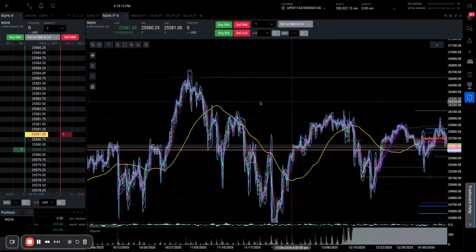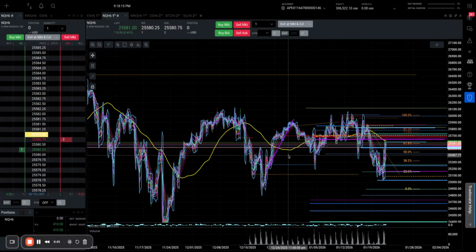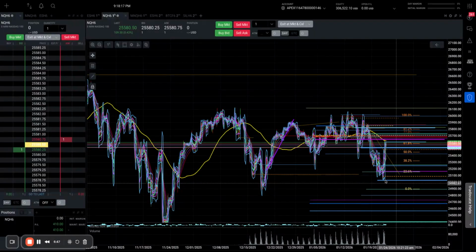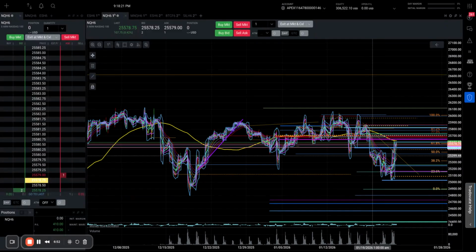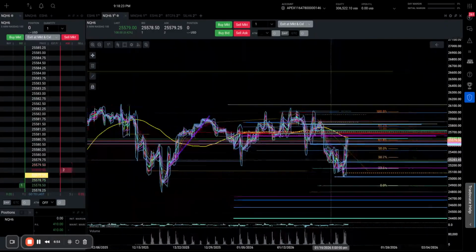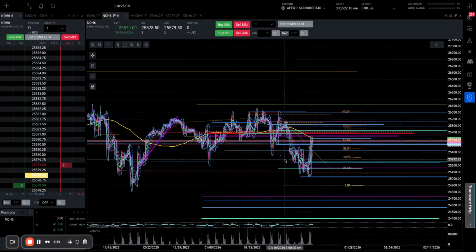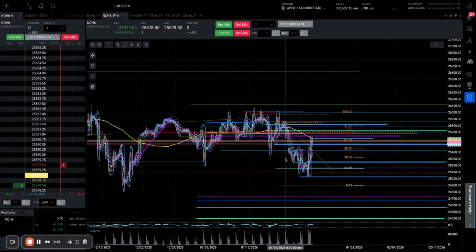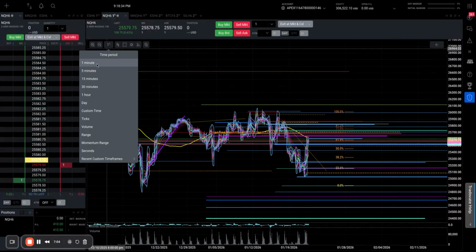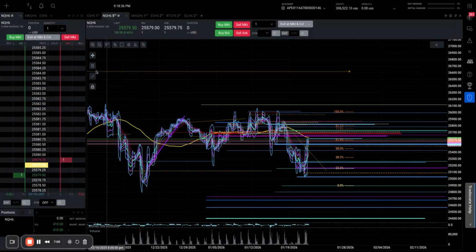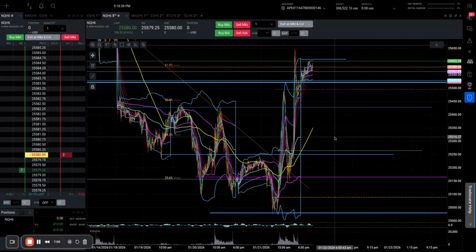So keep that in mind when you're trading, because if trend is down and you're getting these huge pumps, have in the back of your mind what area they are going to start selling and reach a resistance level. So that's why it is important to map out your resistance levels.